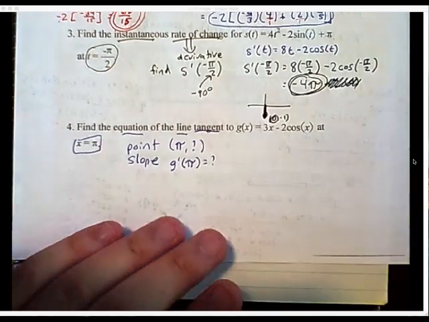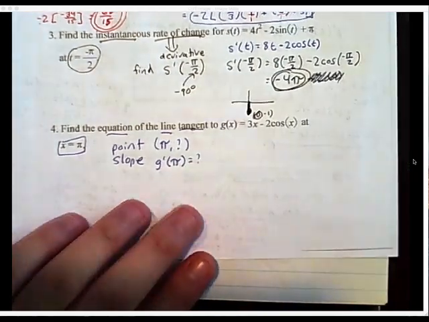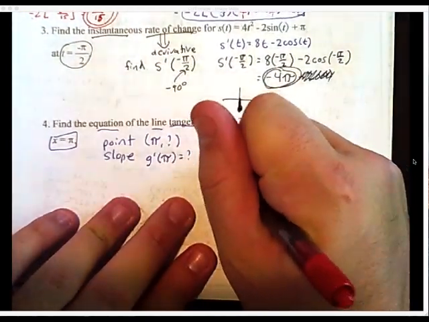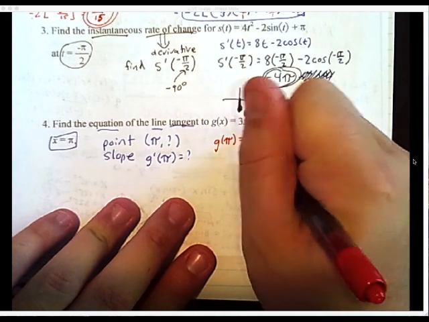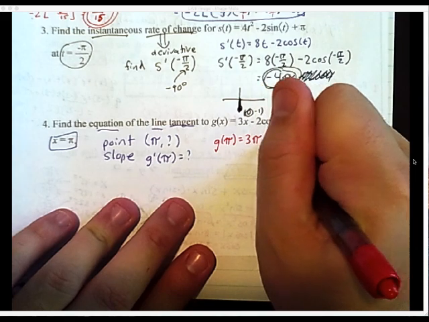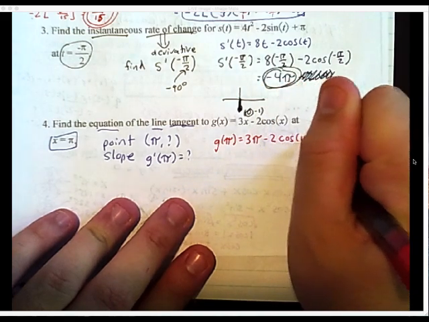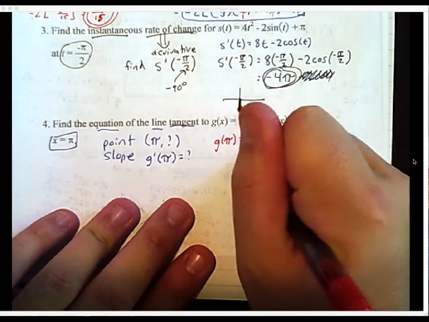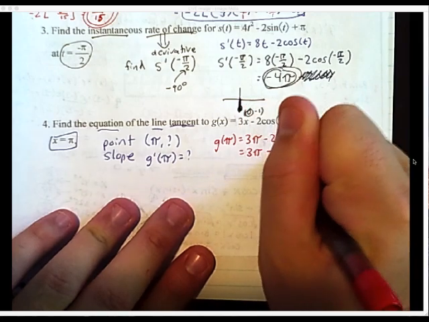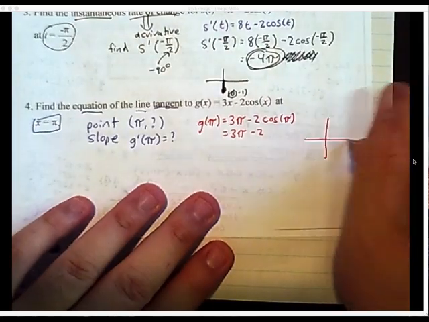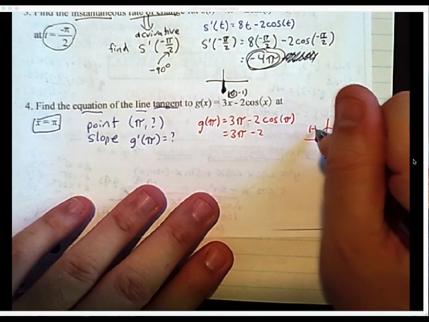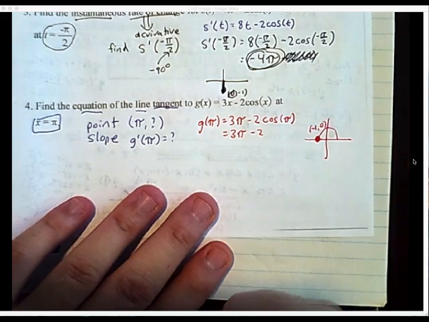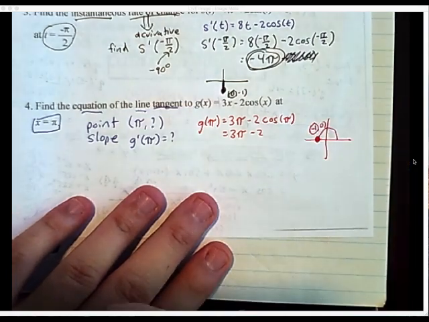Okay. So first thing, I'm going to find the y value of the point just by plugging in pi to the function. 3 times pi minus 2 times the cosine of pi. Think about the unit circle, pi radians is 180 degrees, so you're right over here. The point on the unit circle is negative 1, 0. The cosine is like the x value.